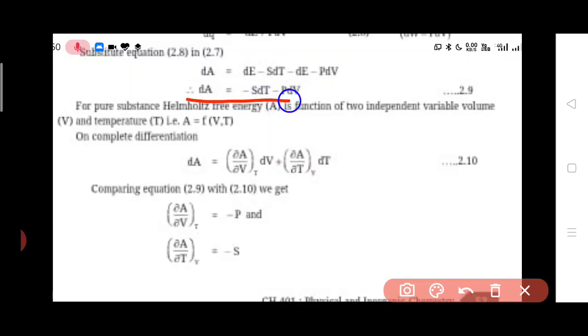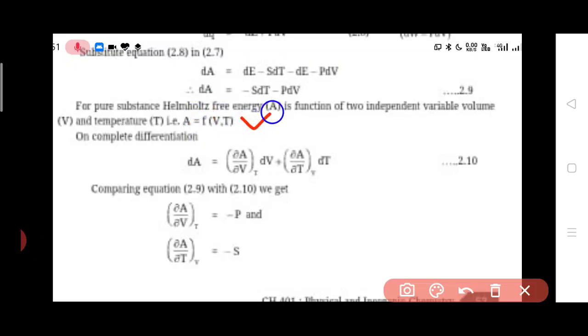Therefore it is said here that Helmholtz free energy is a function of two variables, volume V and temperature T. Mathematically it is written as A is equal to f of V and T. f means function of V and T.